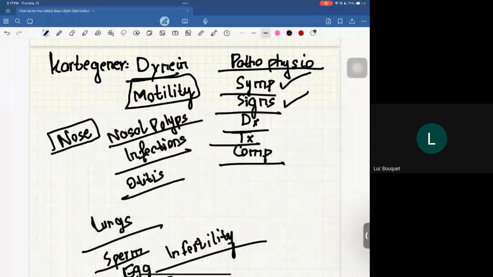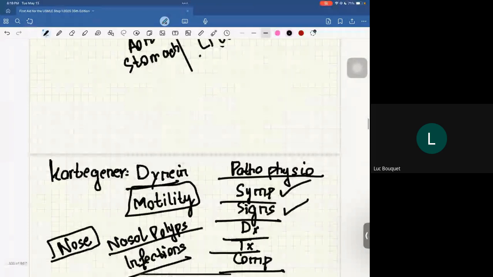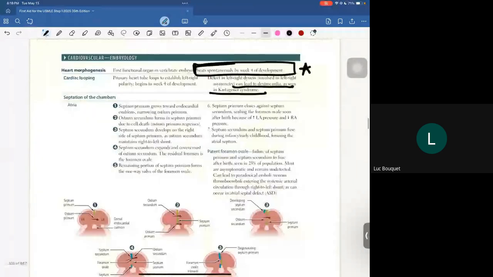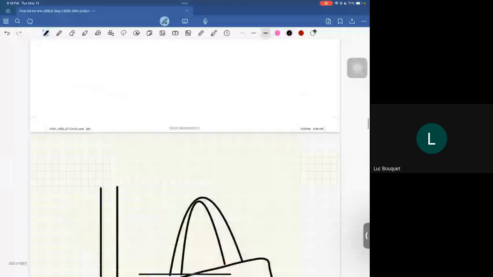Now they could morph the pathophysiology into different ways, so they could say a problem of morphogenesis, a problem of heart looping, a problem of establishing left to right polarity, or they could say a problem of motility, right? So they could say that any of these things could be present.